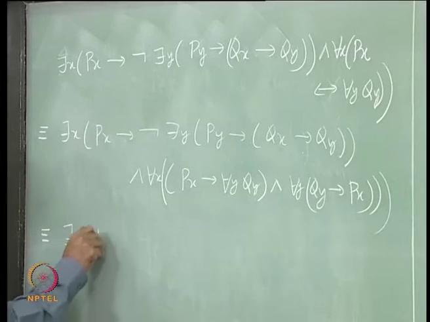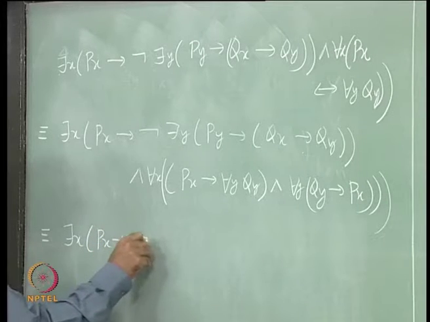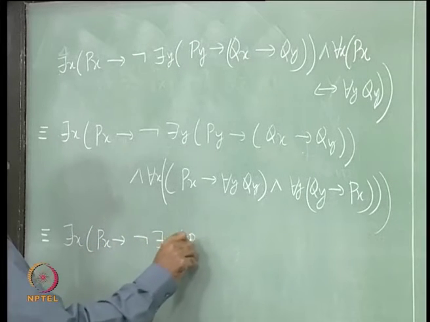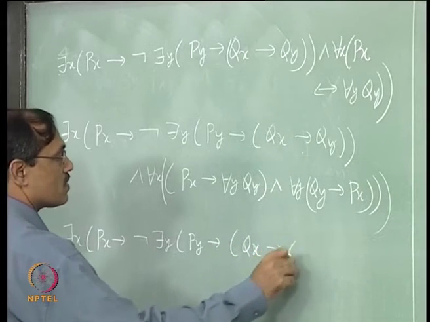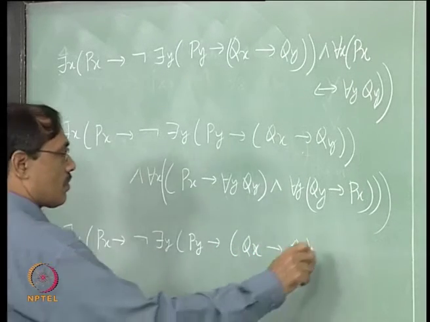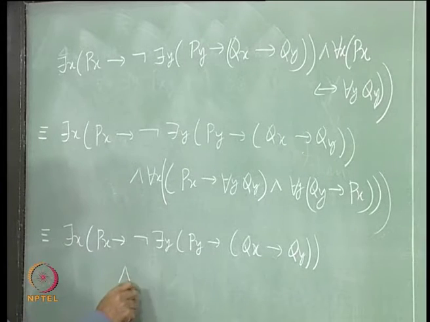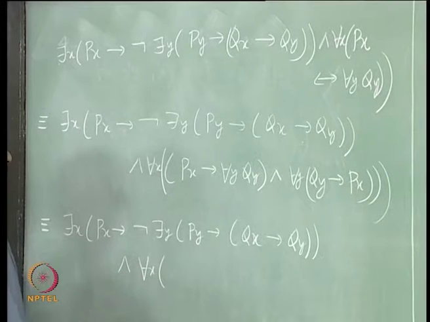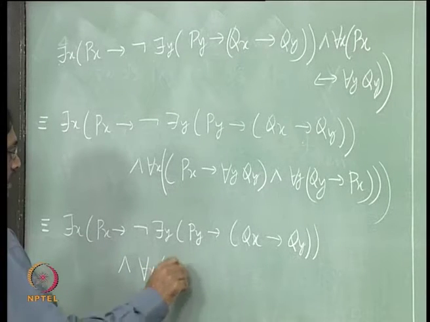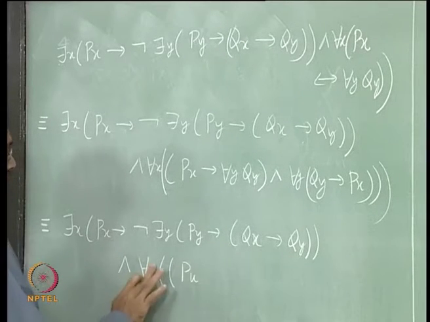There is x, p x implies not there is y, p y implies q x implies q y, and now this x is to be renamed. So we write for each x, say p u, now x will be u.